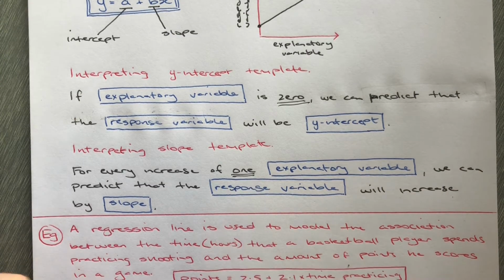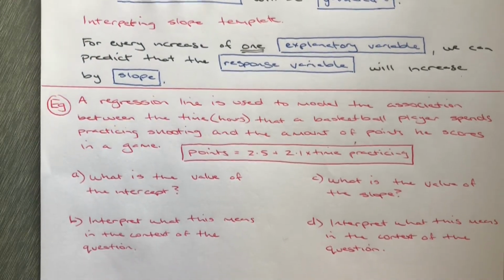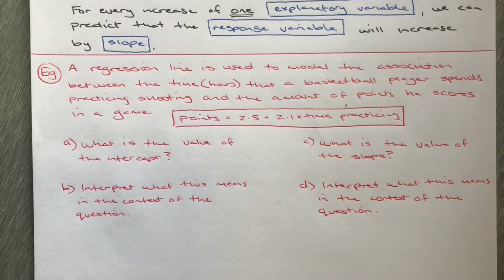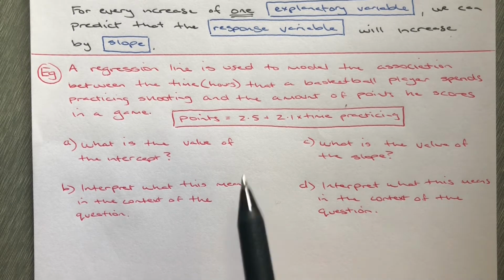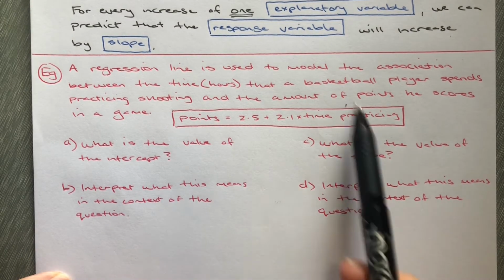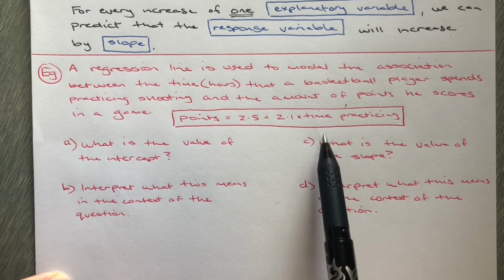Let's use both of these templates to answer a question. I've got an example written down here. A regression line is used to model the association between the time in hours that a basketball player spends practicing shooting and the number of points that he scores in a game. We've been given the equation of the line, with the variables in there.